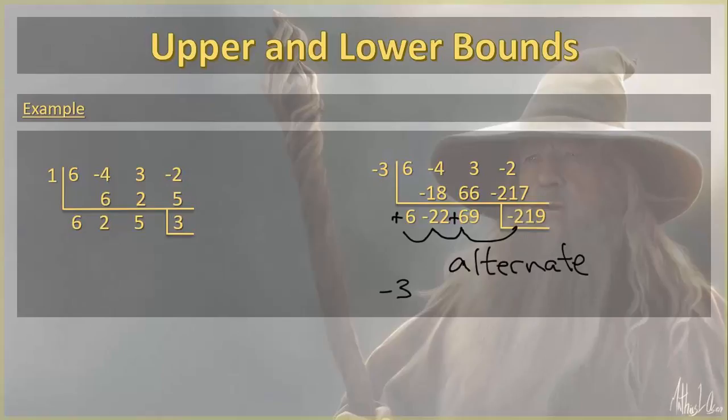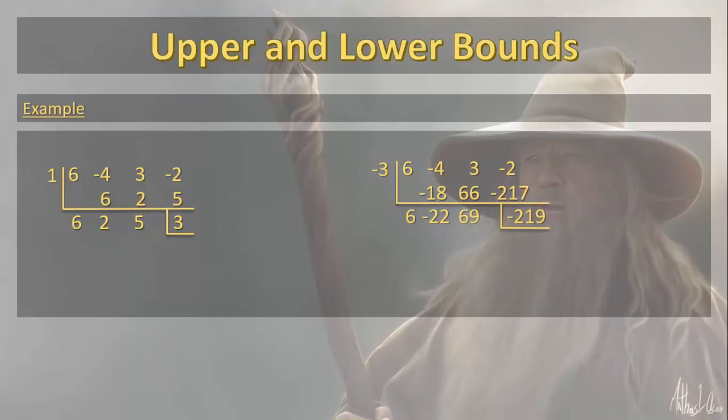Therefore, -3 is a lower bound. Again, -3 wasn't even an answer because we ended up with 0 there, or we didn't end up with 0. But it still told us, hey, you don't have to try anything less than -3. All right, so again, this isn't any additional work. You're going to do synthetic division by numbers anyways. Now you just take a quick peek at what's left over on the bottom, and that's going to help you narrow things down.